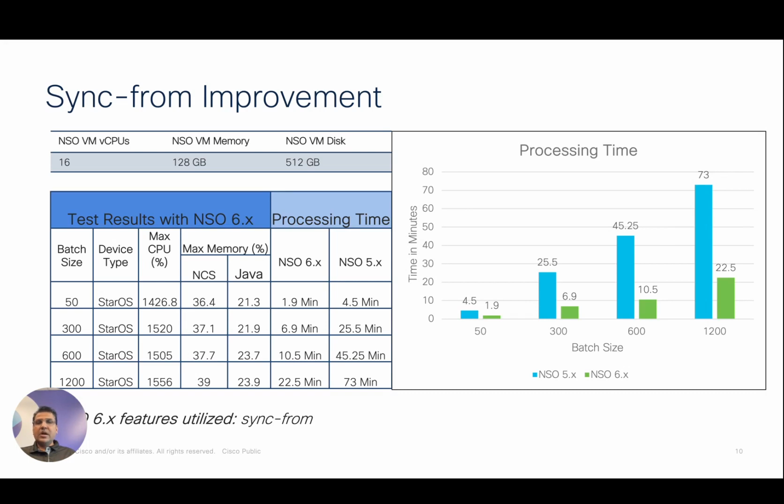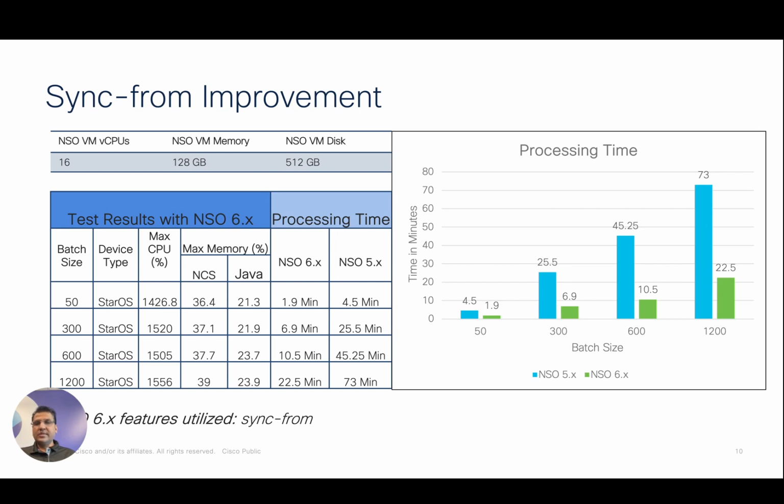This is our test bed where we have executed the test cases with different scenarios and scale. This test bed has one NSO pair, HA enabled, and it has 16 vCPU, 128 GB memory, and 512 GB hard disk.